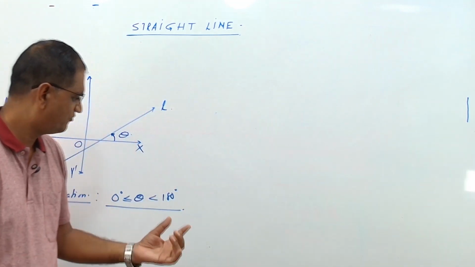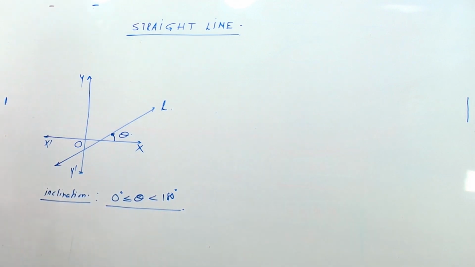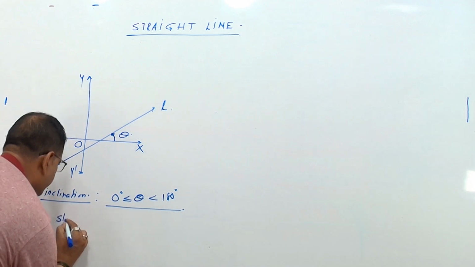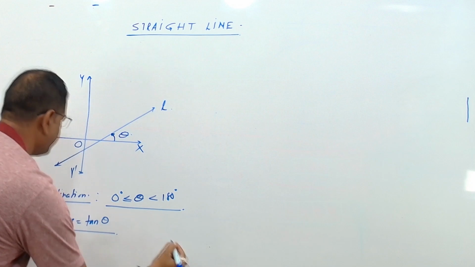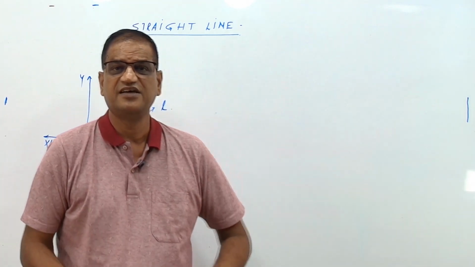That is why 180 degree is avoided to include the ray, right? Now, if you know the inclination of the line, the slope is defined as tan theta.